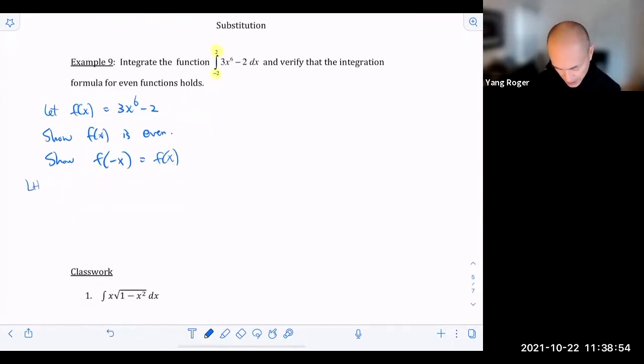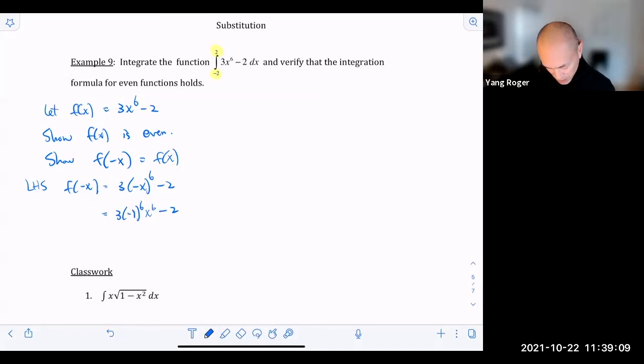So I start with the left-hand side. I got f of -x. That's equal to 3 times -x to the 6th minus 2. That's equal to 3 times -1 to the 6th x to the 6th minus 2. -1 to an even power is equal to 1. So that's just equal to 3x to the 6th minus 2.